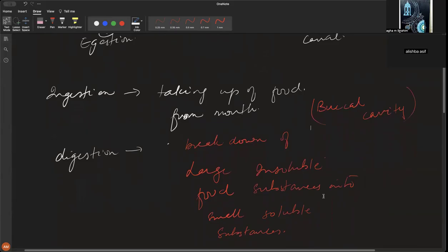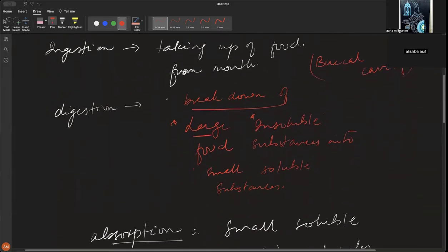So what is digestion? It is the breakdown of large insoluble food substances into small soluble substances. All right, small soluble.